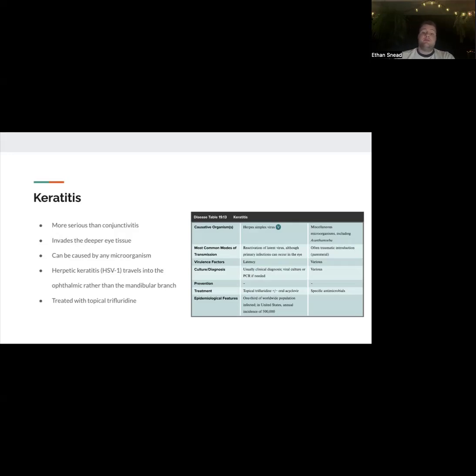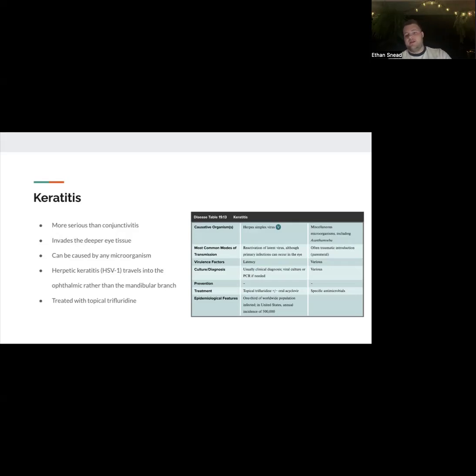The treatment for this infection is topical trifluridine, and it is sometimes supplemented with an oral medication as well.